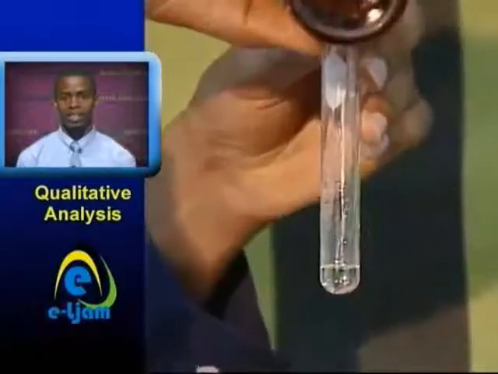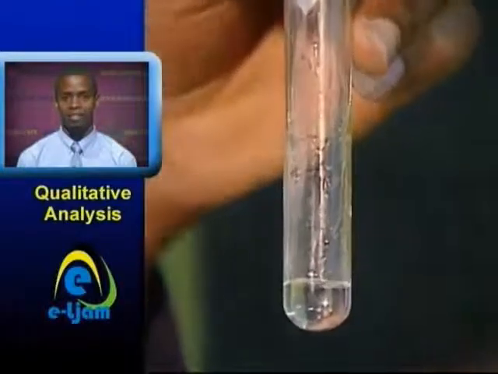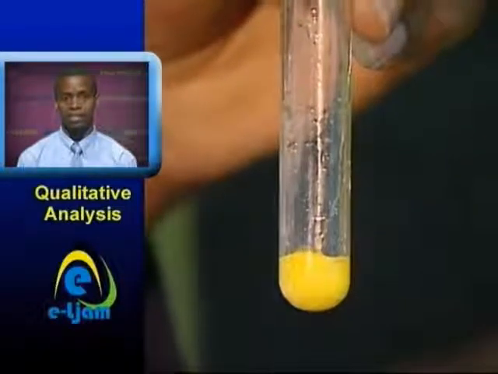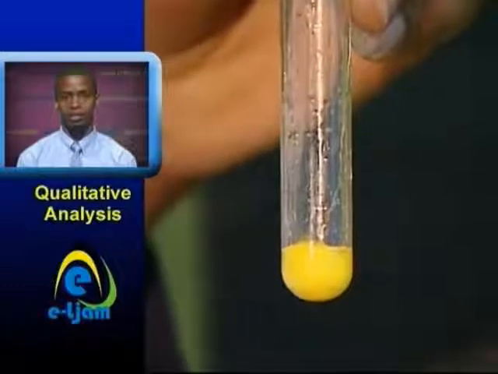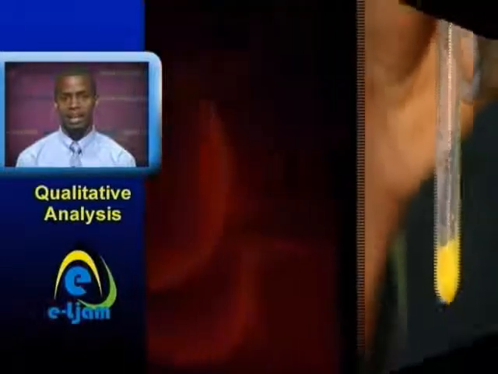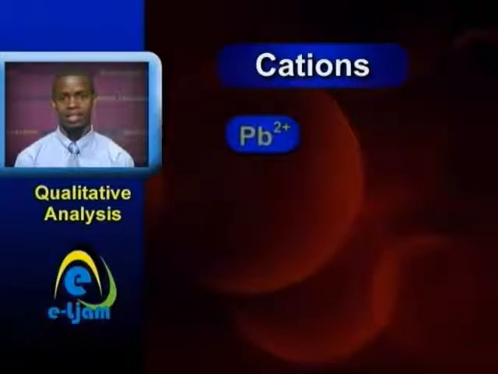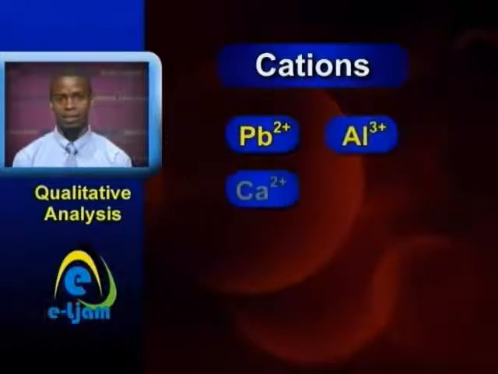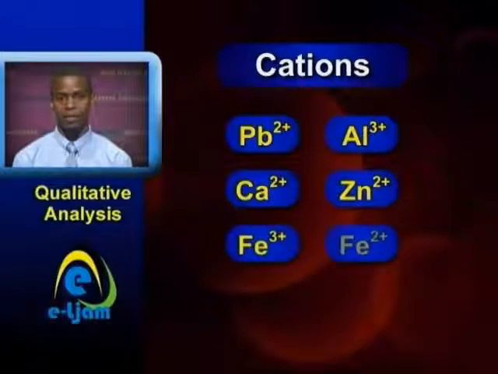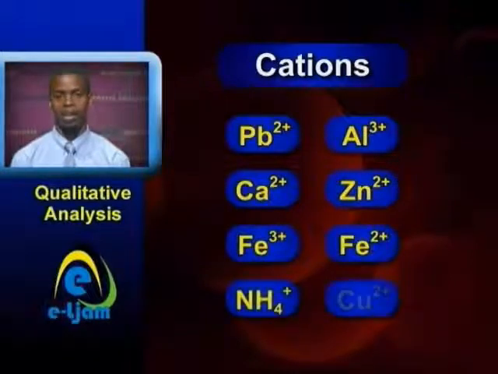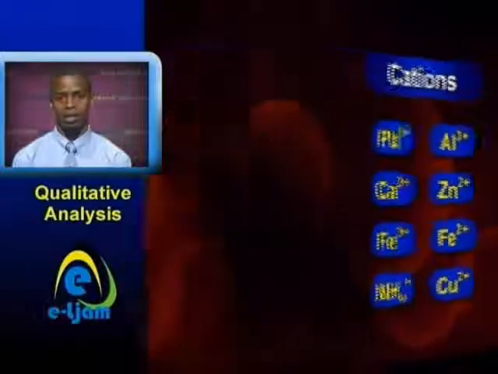On completion of the qualitative analysis, which involves identifying the constituents of single substances or mixtures, you should be able to: 1. Identify the cations: lead 2+, aluminum 3+, calcium 2+, zinc 2+, iron 3+, iron 2+, ammonium, and copper 2+ ions. 2.